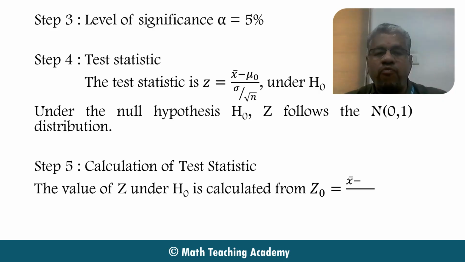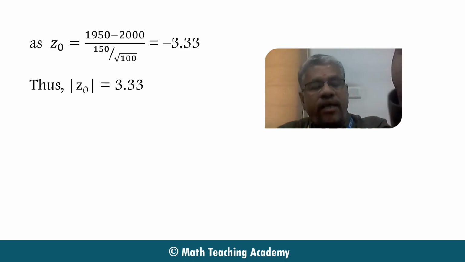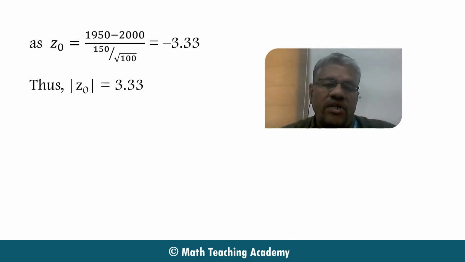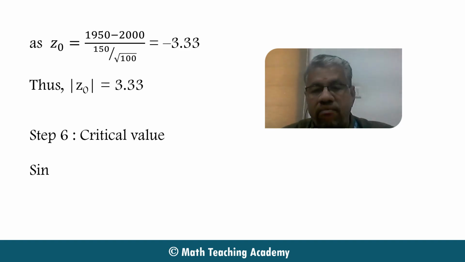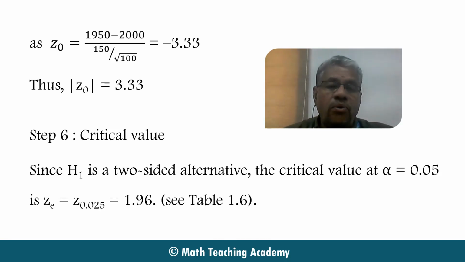If we substitute all those values, we will get minus 3.33. This value must be a positive value. That is, the modulus of minus 3.33 is equal to plus 3.33. Therefore, this is the calculated value. Now we have to go for the tabulated value, that is called the critical value. The tabulated value for a two-sided test or two-tailed test with LOS 0.05 is equal to 1.96 from the table.